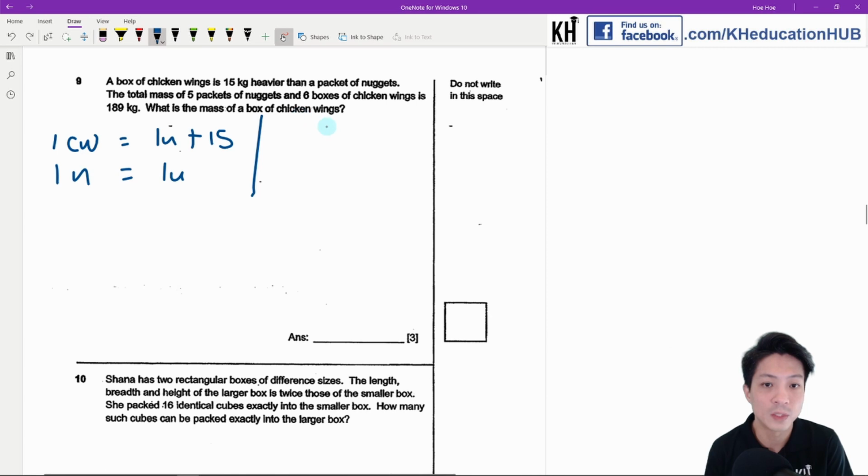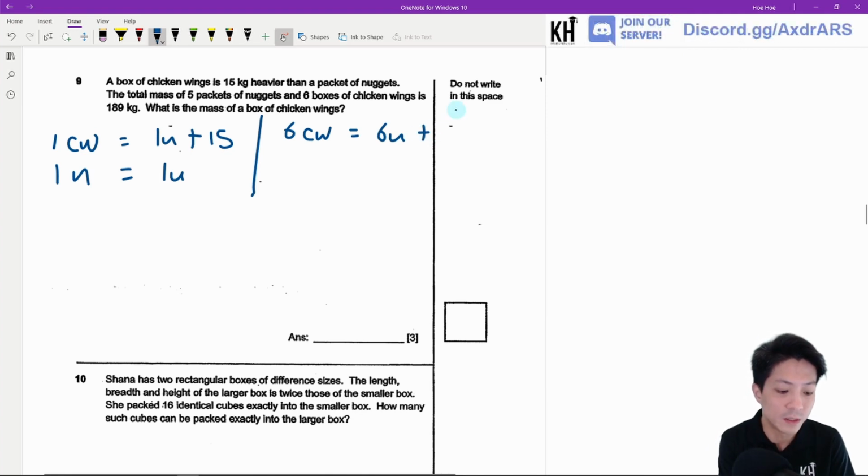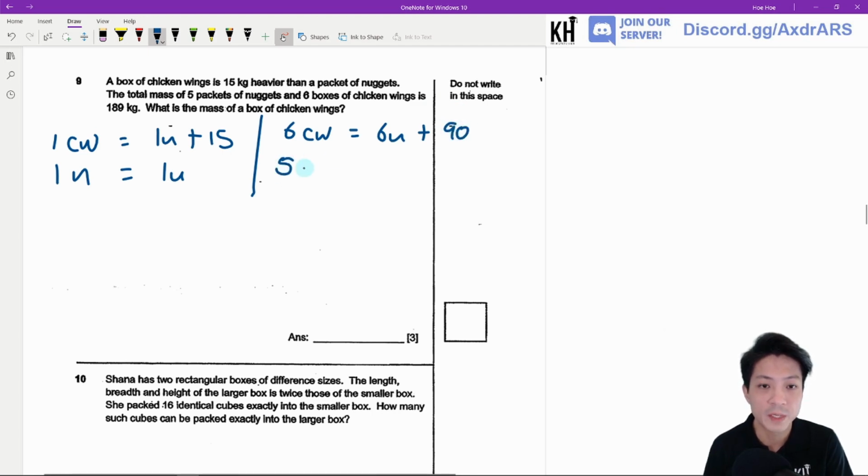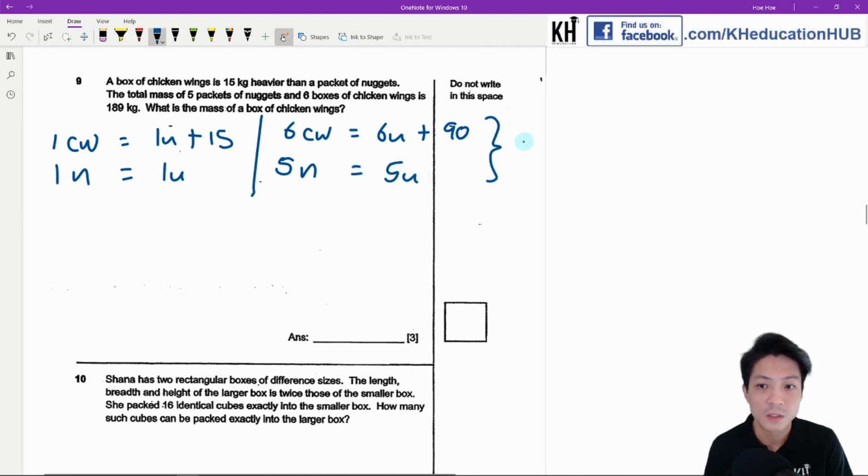I'm gonna swap it around. 6 boxes of chicken wing is 6 units plus 15 times 6, which is 90. And 5 packets of nuggets will be equal to 5 units. Okay, so altogether this is 189 kg.